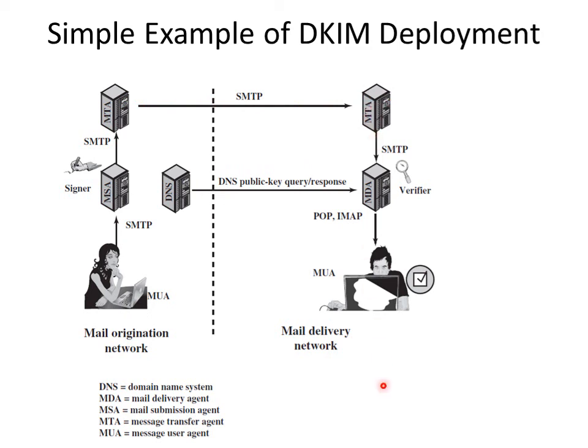At the receiving end, it will come to the MDA, where it will be verified using the DNS public key query response. Later on, the mail gets delivered, and it is said to be very secure, and the correct message comes from the correct person who has sent it.